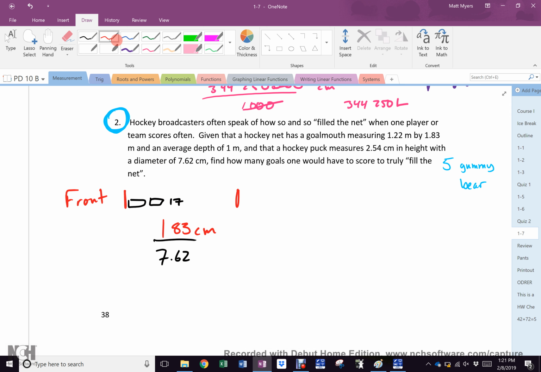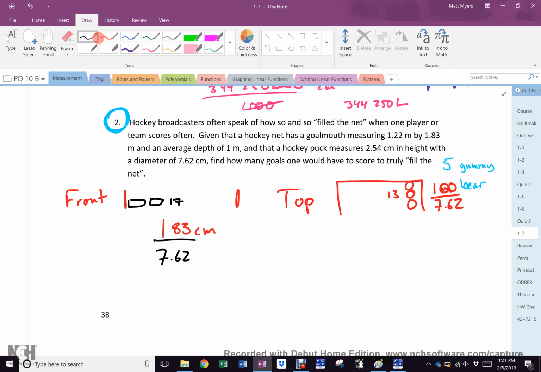From the top down, the net is 1 meter deep, which is 100 centimeters. Yes? How many pucks fit back here? Divided by 7.62, which is something like 13 pucks.